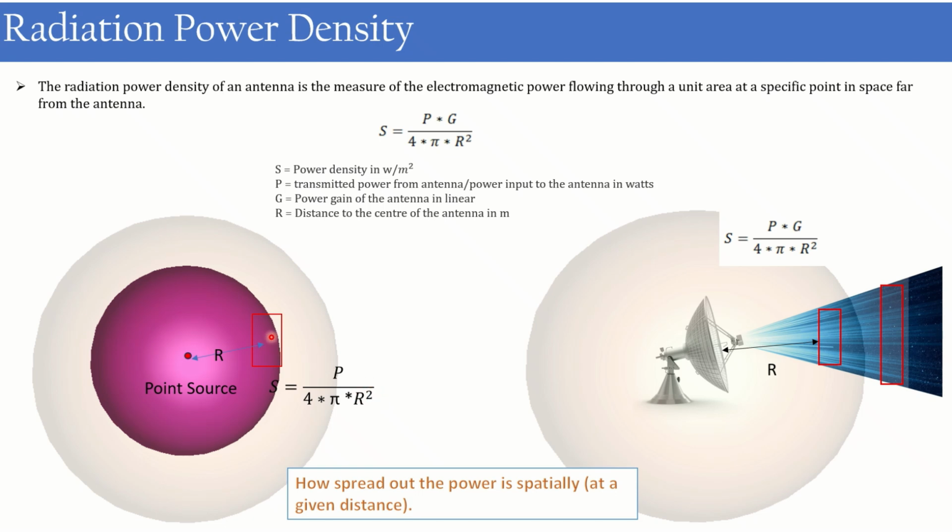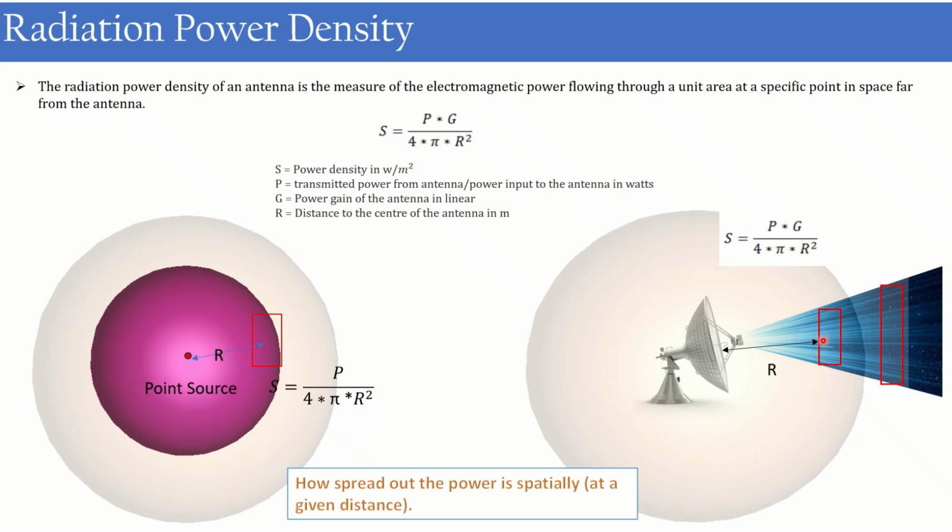To know how this power density varies with respect to the distance, I'm going to consider a directive antenna. This is just for a representative purpose to see how the power distribution is varying. Let's assume that this is the power radiated from the antenna, and we are considering these areas.